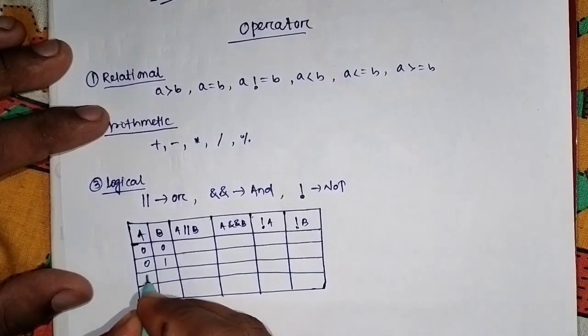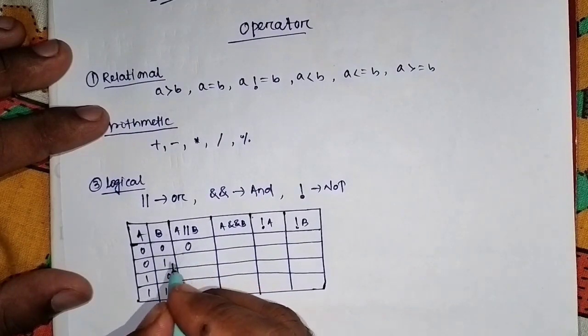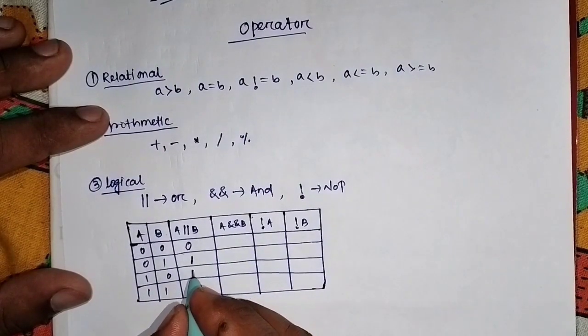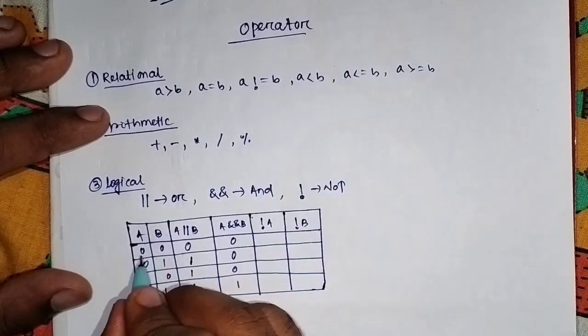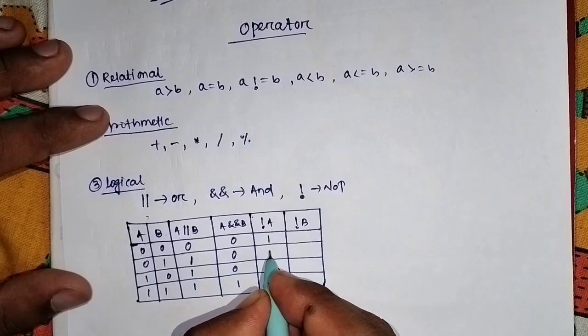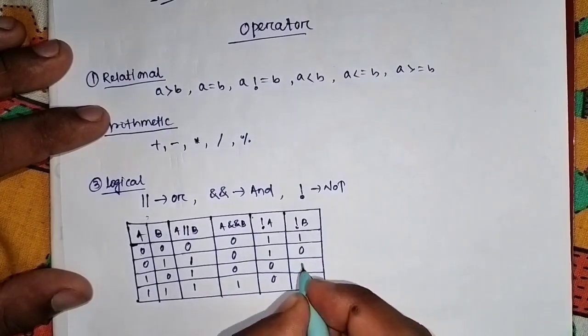Inputs are 0 0, 0 1, 1 0, 1 1. These are the results for A or B, A and B, not A, not B.